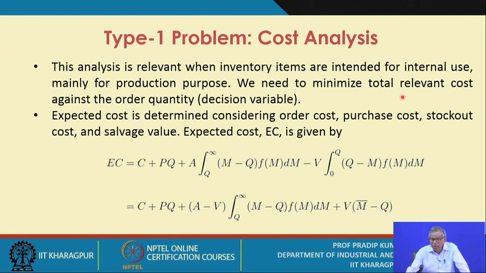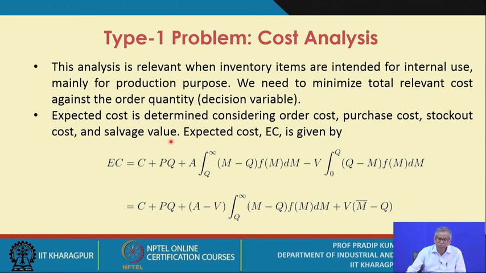That is why you need to identify only those cost elements which are referred to as relevant. So, once you identify these cost elements, the total relevant cost equation you have to establish. So, expected cost is determined considering ordering cost, purchase cost, stock out cost and the salvage value.